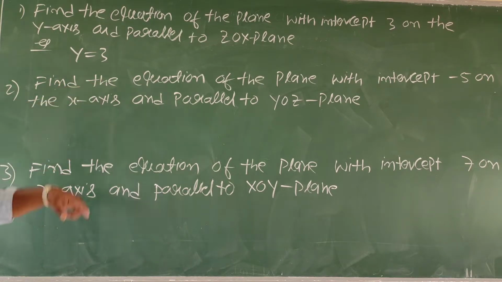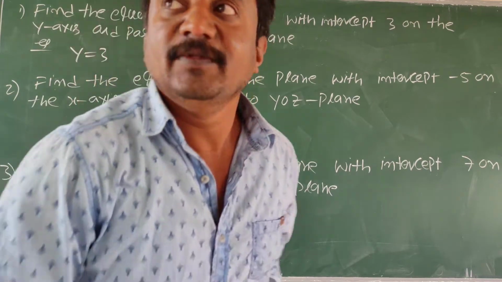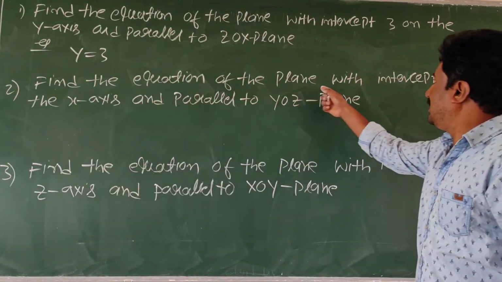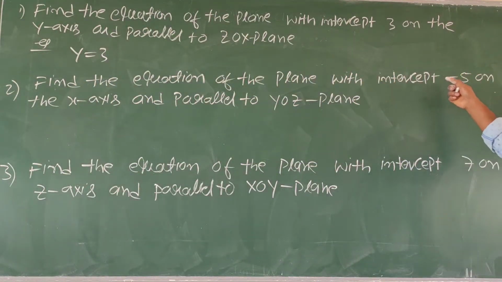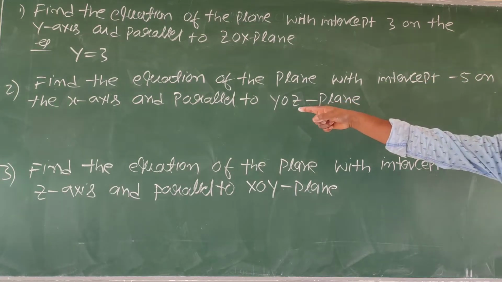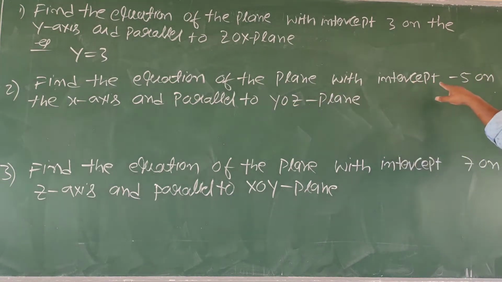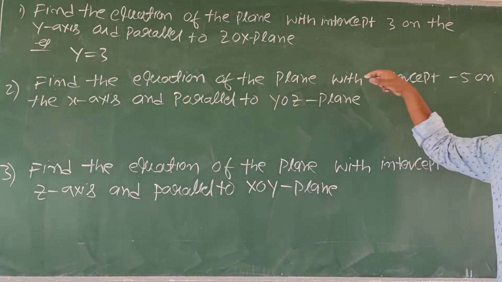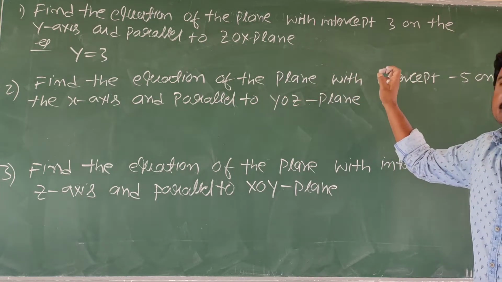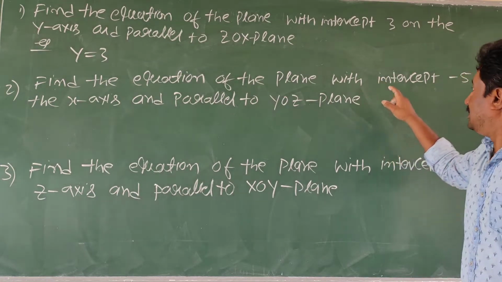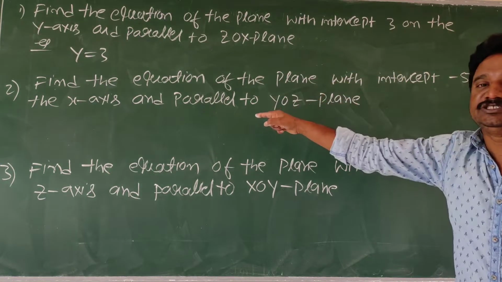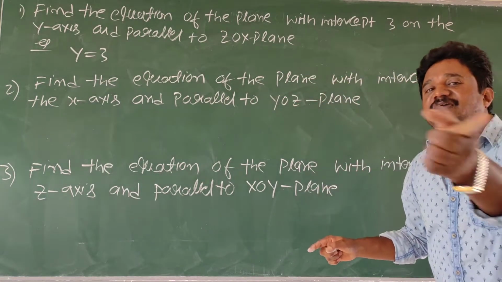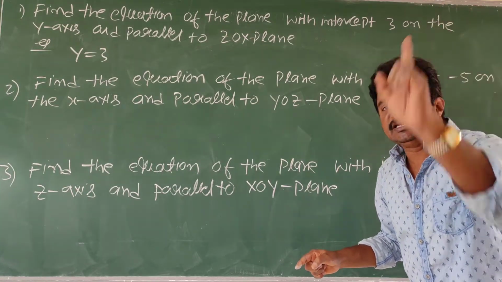Next, find the equation of the plane with intercept -5 on the x-axis. Intercept -5 on the x-axis means distance along the x-axis, which means it is the x value.